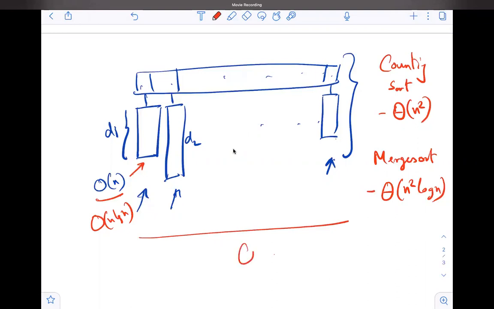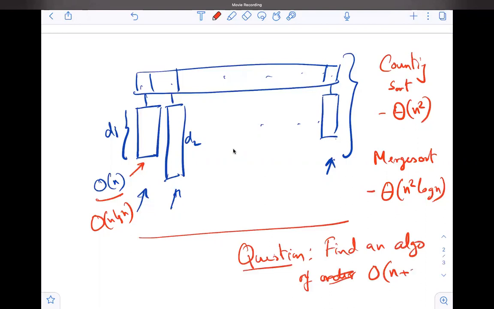My question was to find an algorithm of order n plus m. Note that m can be slightly less than n square, so this can be much better than order n square.